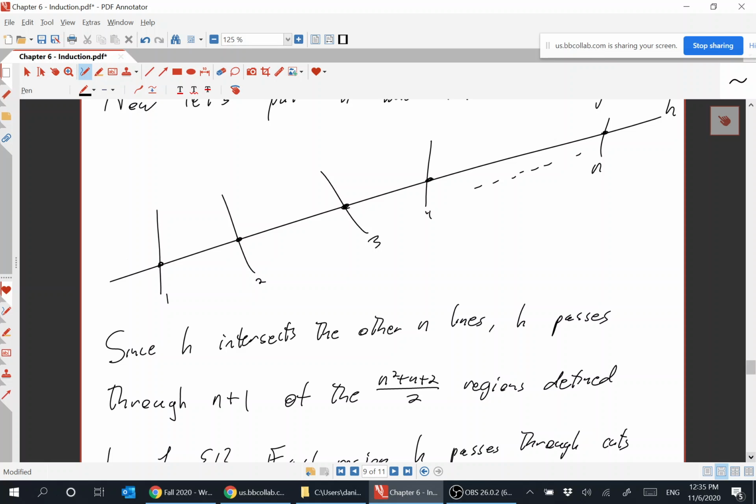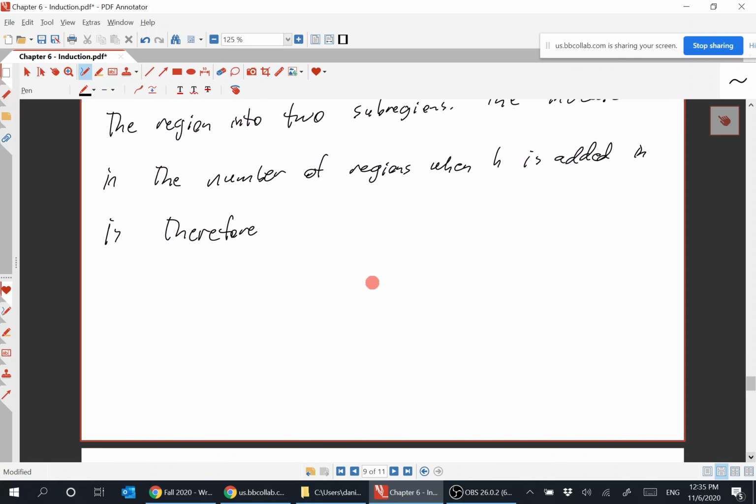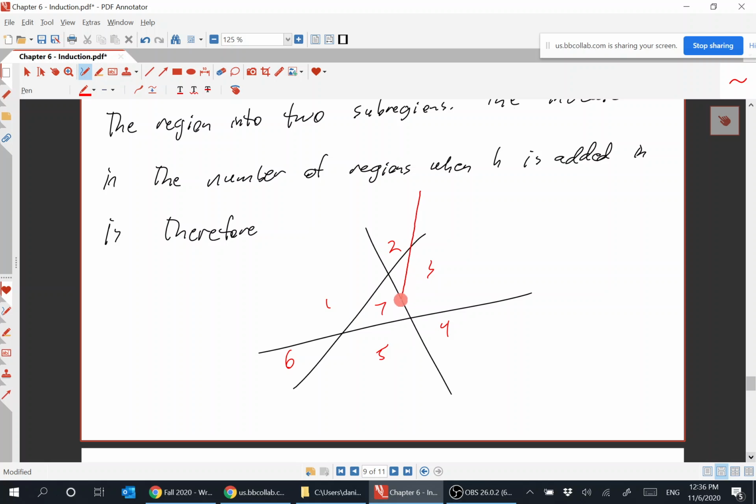If you're doing that for every region, then it doubles. No. All the old regions are gone. Let me show you. So here's 3 lines. Let's add in a 4th line. How many regions do we have here? 1, 2, 3, 4, 5, 6, 7. So we had 7 regions before.